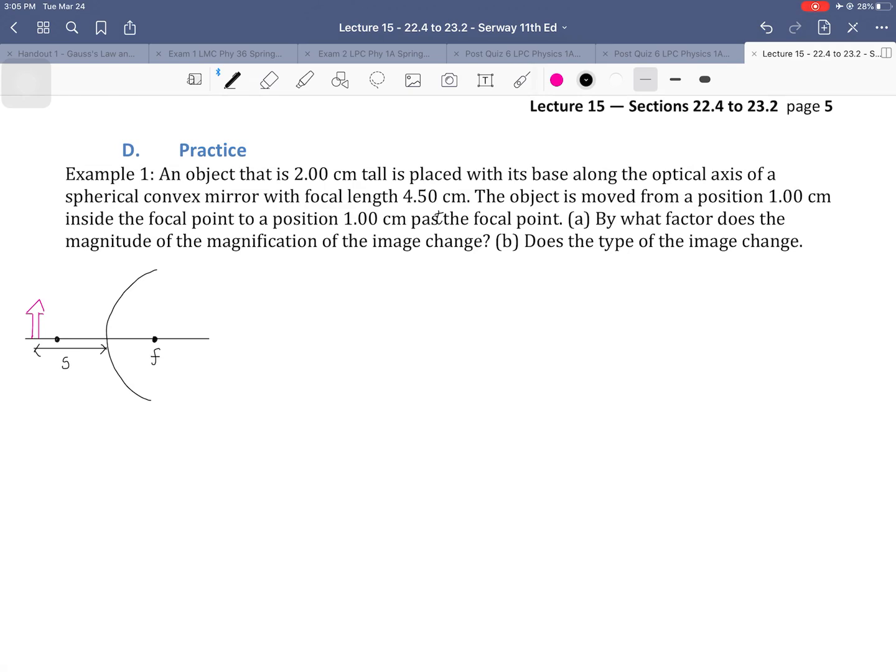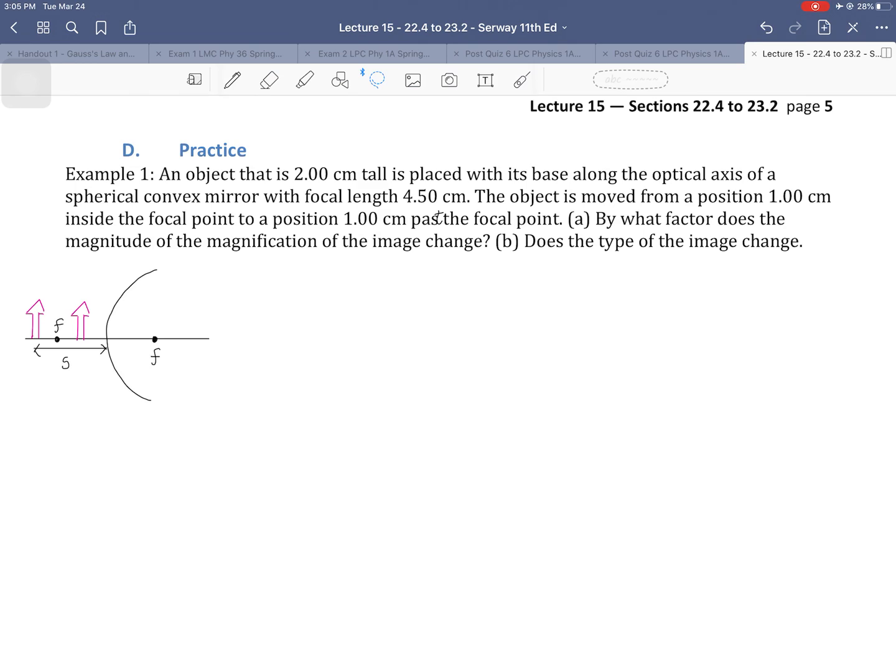So what that means is we can have f over here as well, and the problem makes sense in terms of having the object be 1 centimeter inside and then 1 centimeter outside. So initially it's inside the focal point by 1 centimeter, and then it's outside the focal point by 1 centimeter.